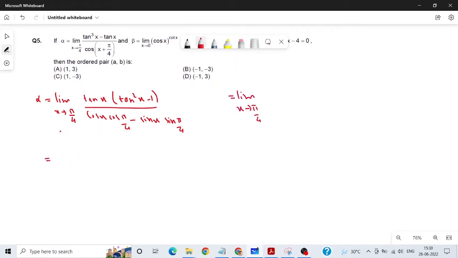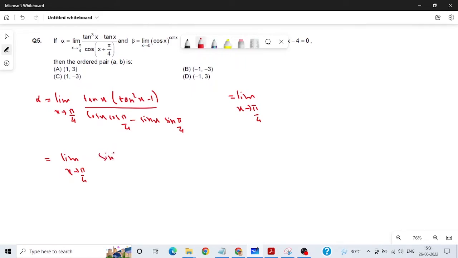So now we have the limit of x tends to pi by 4, and we know that tan x is a well defined function at pi by 4, which is nothing but 1. So we will separate that limit. Then for the tan square x minus 1, we have to simplify this. As the denominator contains cos and sin functions, we will convert the numerator tan square x minus 1 in terms of cos and sin.